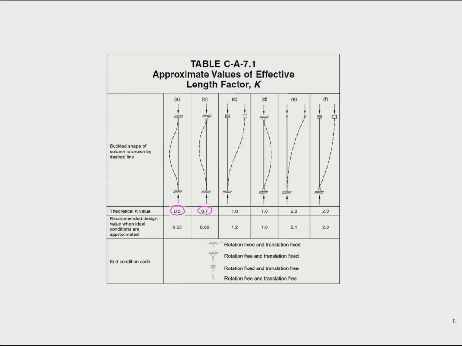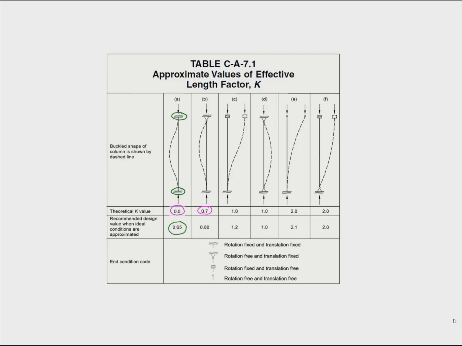But there's also another row that has recommended values for design. So the effective length factor recommended for design for a fixed column is a bit more than 0.5, and that's because these supports may not be exactly quite fixed. They may have some flexibility.